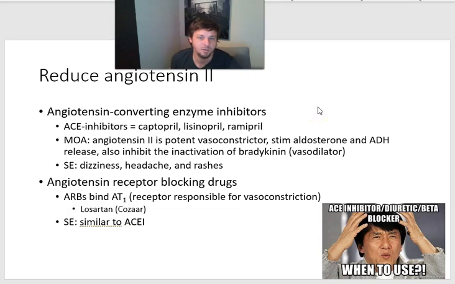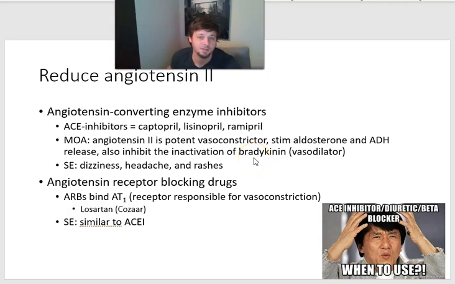And what they do is, angiotensin, we've talked about it before, it's a powerful vasoconstrictor, and so they cause that not to be the case. So they don't make angiotensin 2. Angiotensin 2 also stimulates aldosterone and ADH, so inhibiting those causes vasodilation, or at least not vasoconstriction.